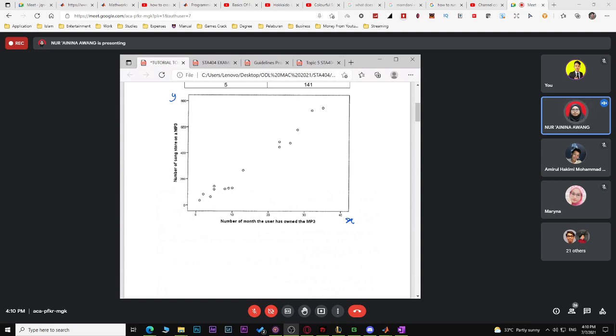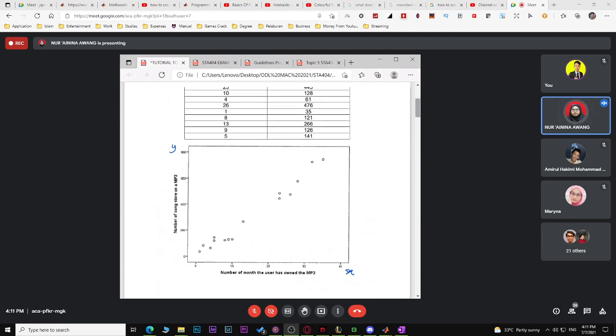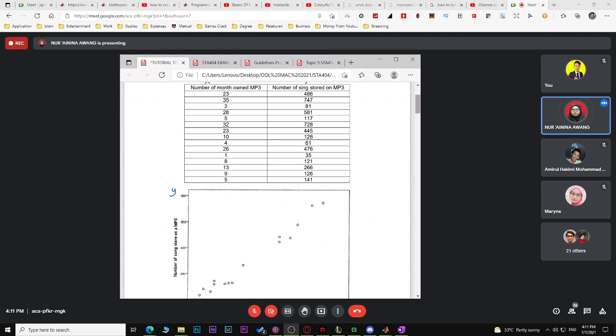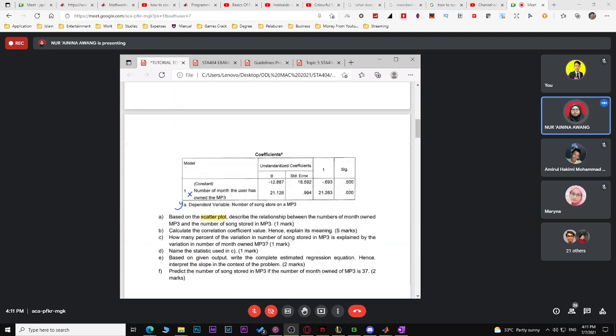So kita nampak the graph dia menaik. So we say that there is a positive linear relationship between number of months owned MP3 and number of songs stored on MP3. So that is how to answer the first question.